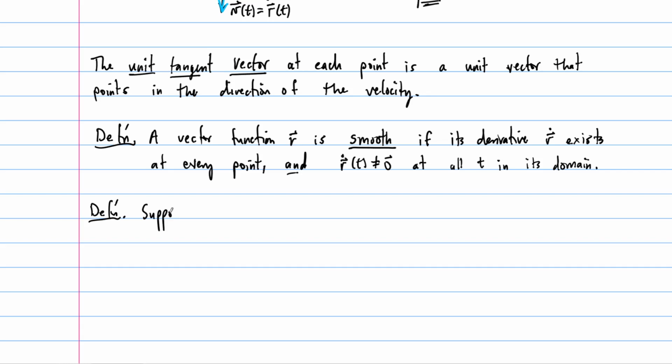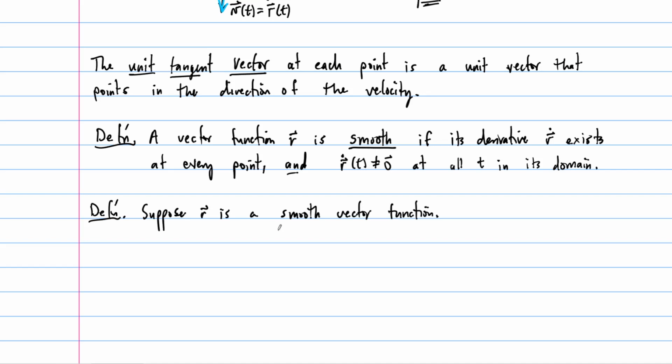So for this one, suppose r is a smooth vector function, and so that encapsulates all of this. We can take this derivative right here, and we know that it's not going to be zero. So just by saying this word smooth, we have encoded both of those pieces of information.